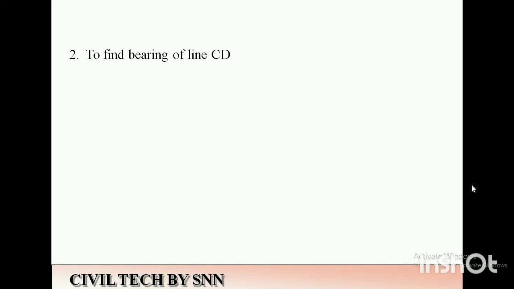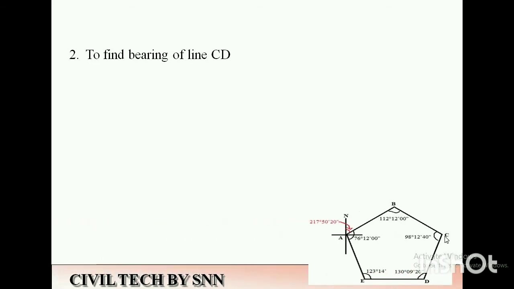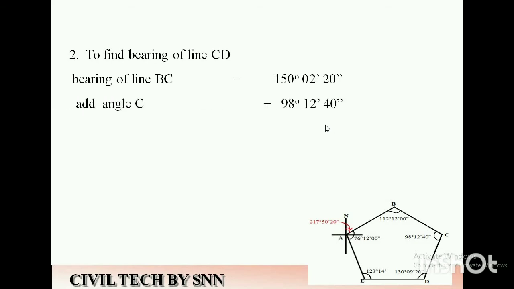Next, to find the bearing of line CD. So before line CD, the previous line is BC. According to our first rule, the bearing of line BC is 150 degree 2 minute 20 second. So add the angle in this bearing. Angle C, that is the angle between line BC and line CD.